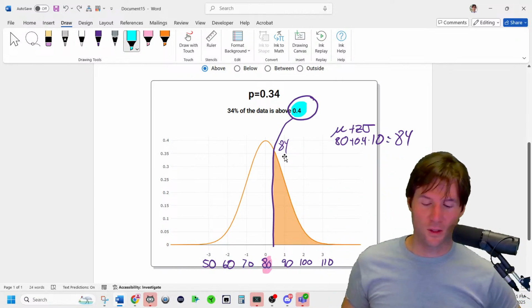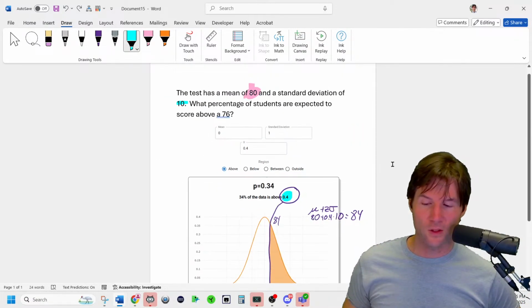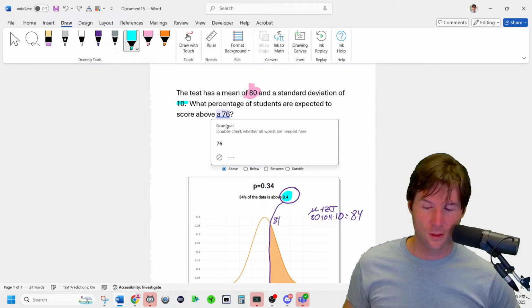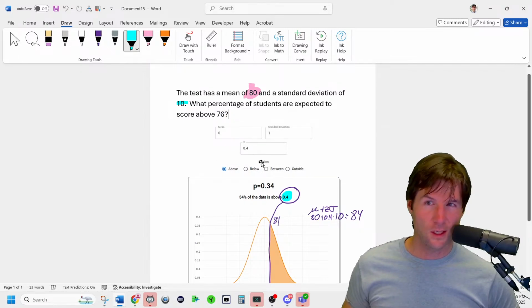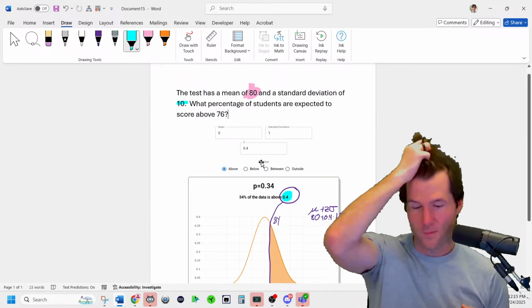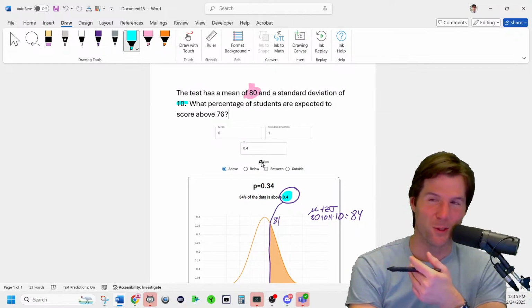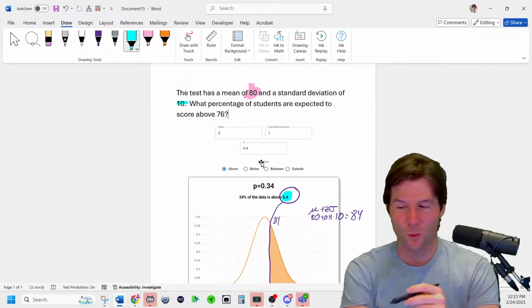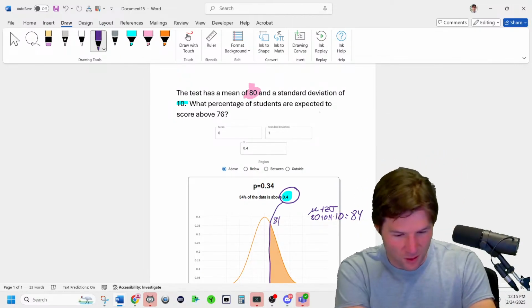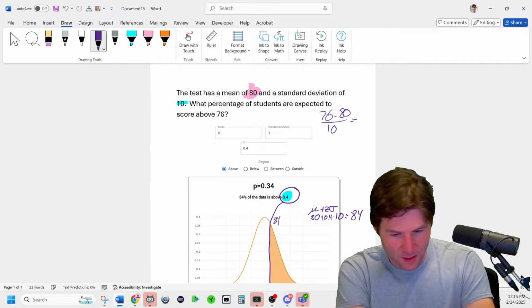So with this, what do you notice about 76? Maybe we should z-score 76 now, which maybe we didn't even have to do in the first part, because when we z-score 76, we're going to see something. I'll start doing the process with 76. There's the process of observation minus mean over standard deviation.